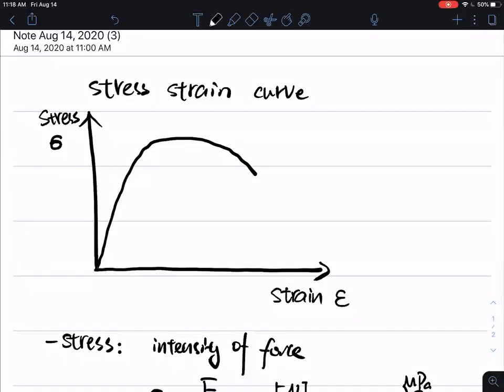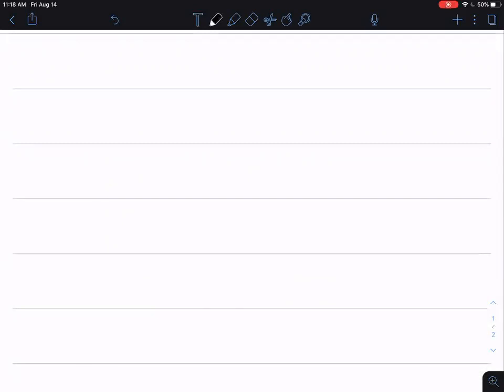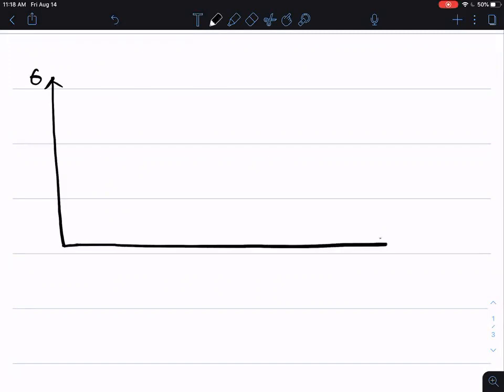Now let's look at more details of this stress strain curve. Okay, what I'm drawing here is an ideal stress strain curve. I just want to show you different characteristics on this curve.